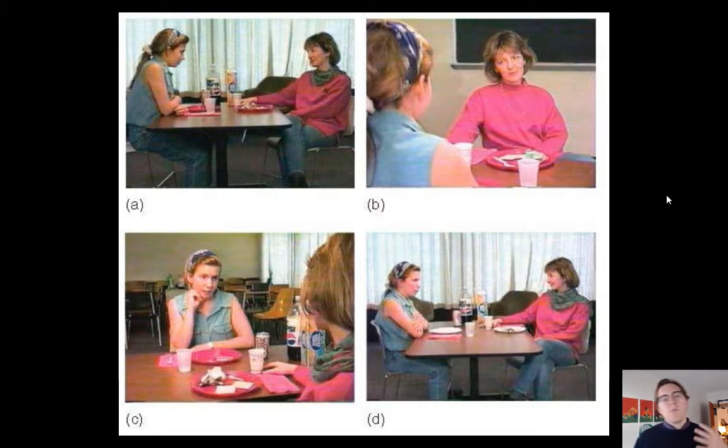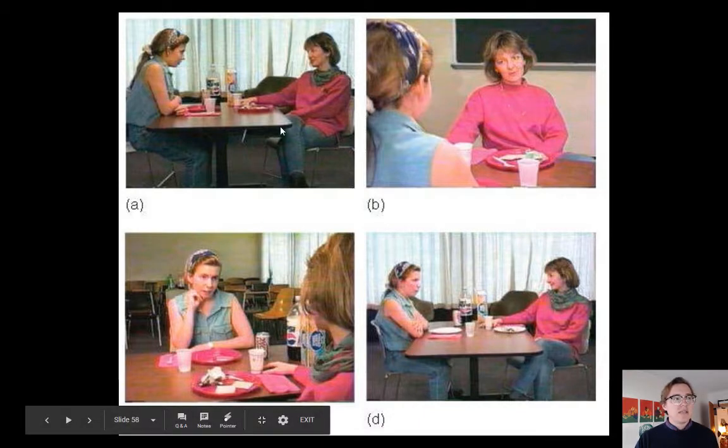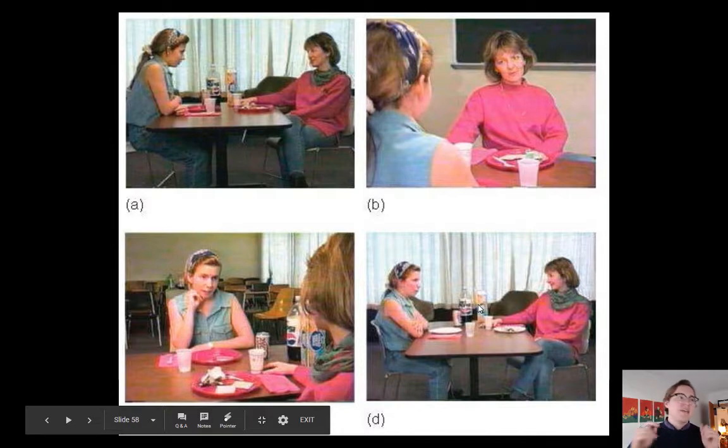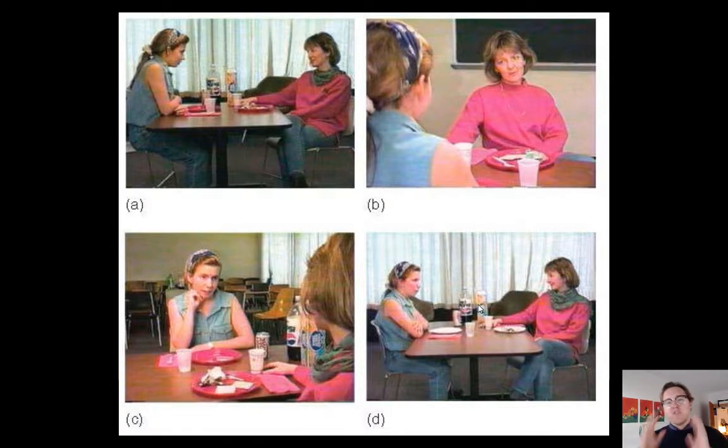And what researchers found is that participants remembered the content of the conversation, but they didn't remember the changes occurring between those scenes: the change in the color of the plates, the addition and then removal of the scarf between A and C, and also the change in cup placement, and just a lot of little features that aren't important in terms of the content of the conversation. Basically, participants were inattentive to those changes occurring.